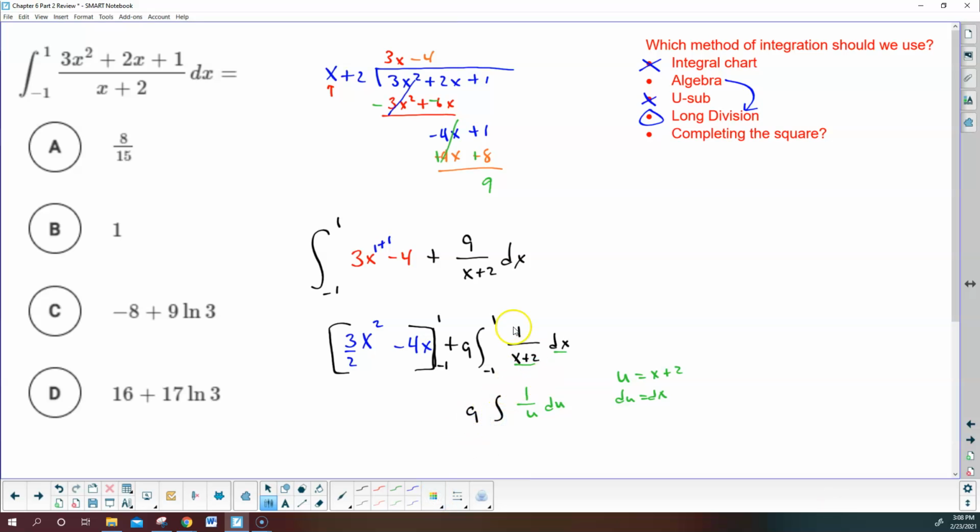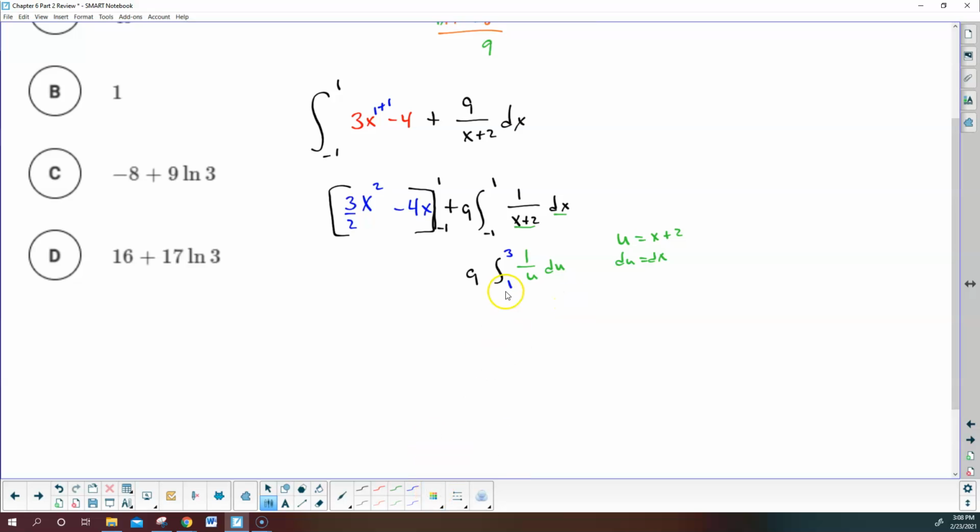evaluated from, now we do have to change the bounds on this one, and that's the important part. If I change the bounds, this 1 is going to go in here, and 1 plus 2 is 3. Negative 1 goes in here, and negative 1 plus 2 is 1.